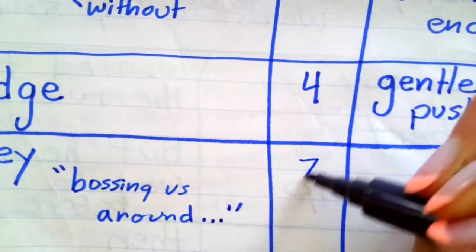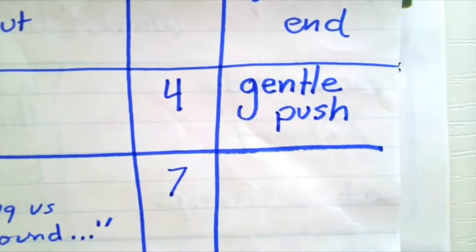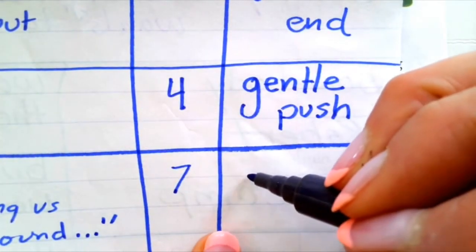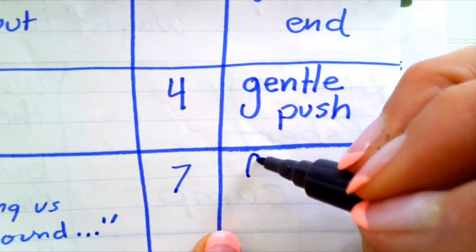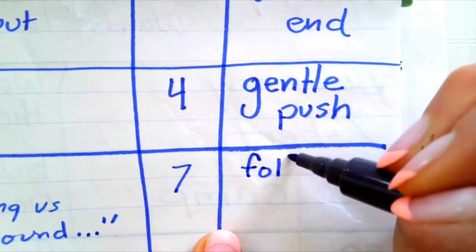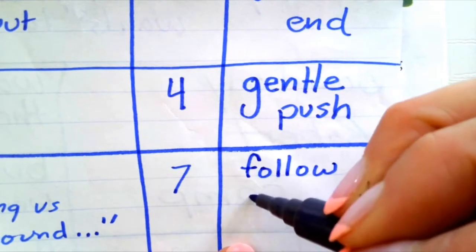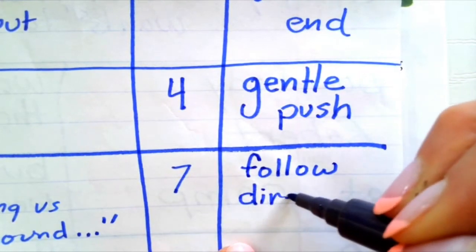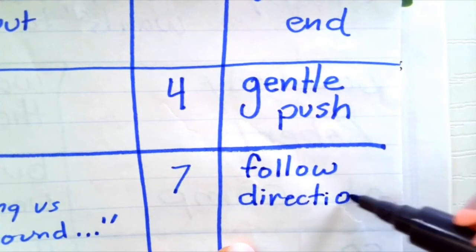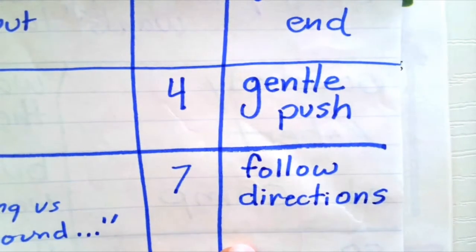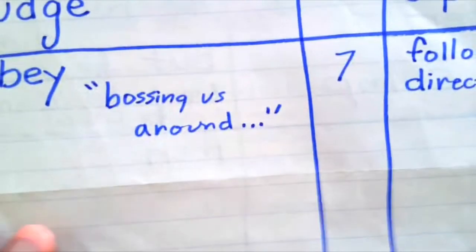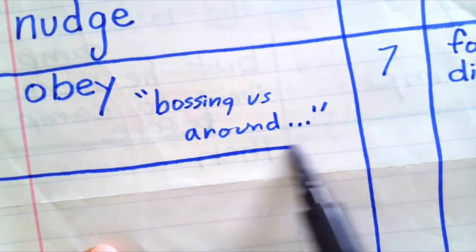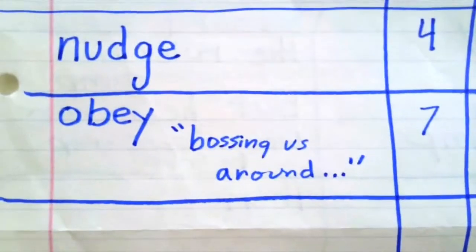Let's write down what page it's on. Another way of saying do what someone says is follow directions. How else can we say the meaning for the word obey? You can do some of your own thinking. Let's draw a line underneath it and let's keep reading.